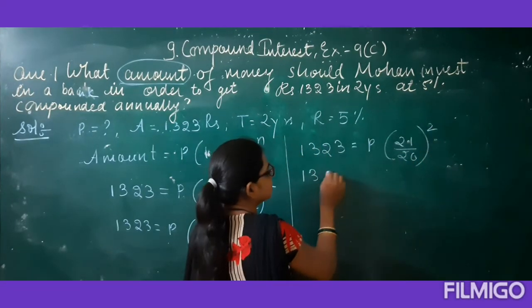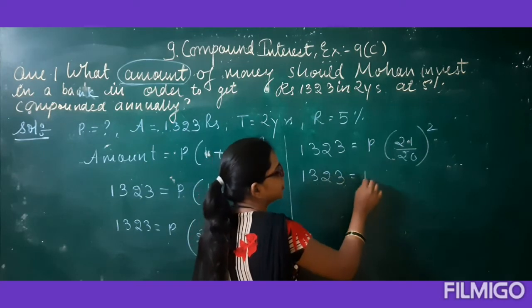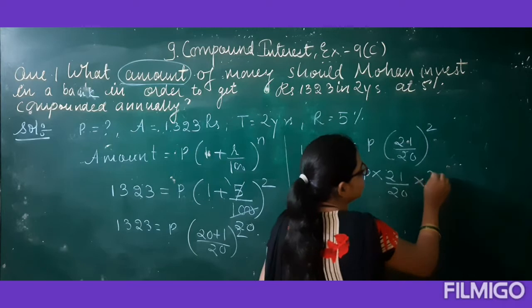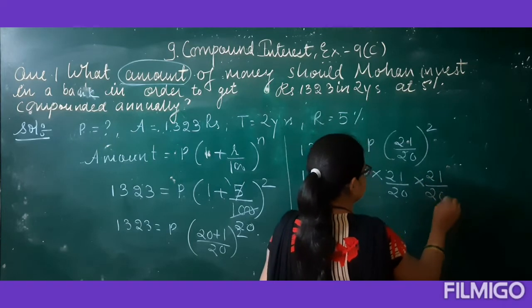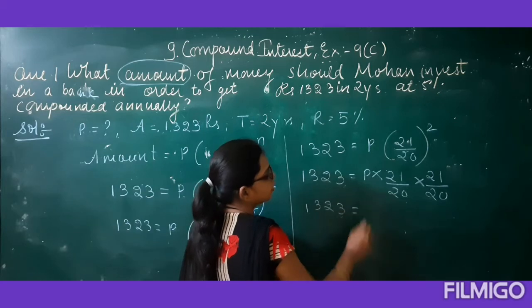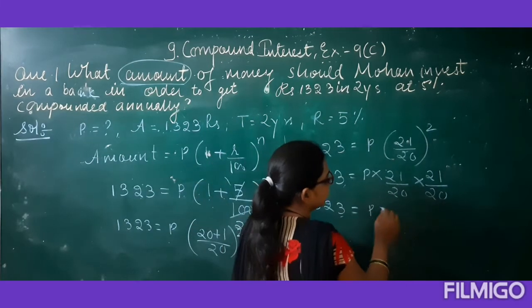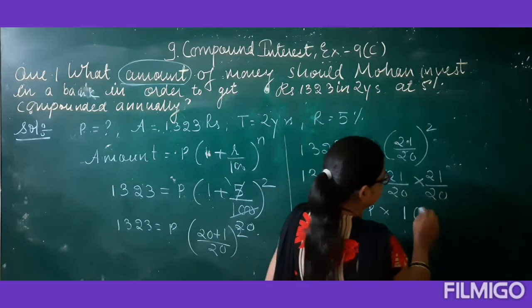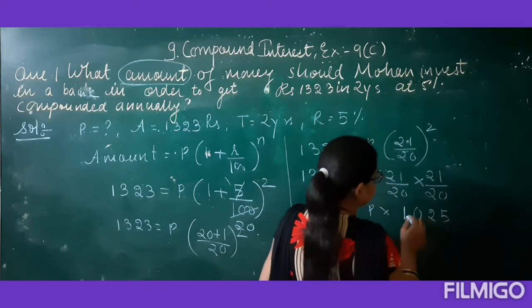Again, you can split it as 21 upon 20 into 21 upon 20.